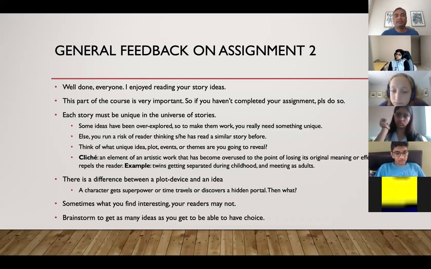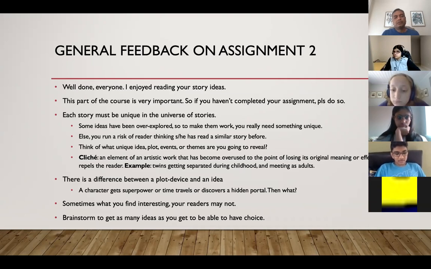We all love things, right? You might love math a lot, but would every reader of yours be that interested in maths? So that's a question you need to ask yourself. So when you think about ideas, when you think about themes, plots, events, just think about your readers. Very important.